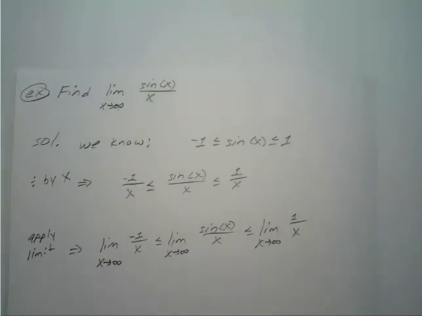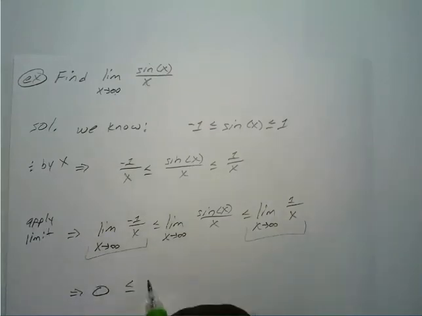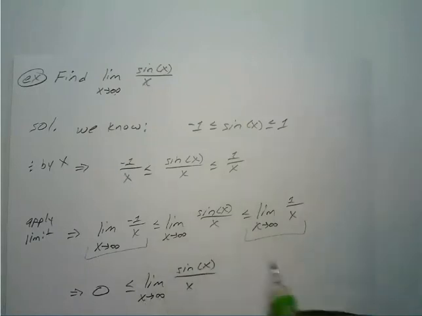Now we just do the two on the outside, and using the squeeze theorem, that should give us the limit of the inside. We know the limit of -1 over x, as x keeps getting bigger and bigger, keeps getting closer and closer to 0. So that gives us 0 less than or equal to the limit of sine of x over x as x approaches infinity, which is less than or equal to the limit of 1 over x as x approaches infinity, which is again 0.